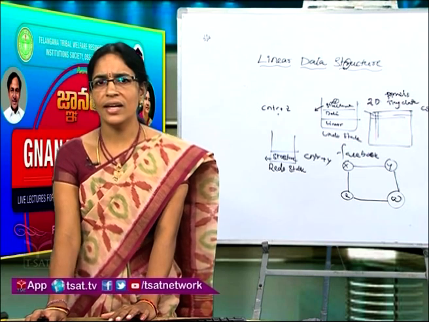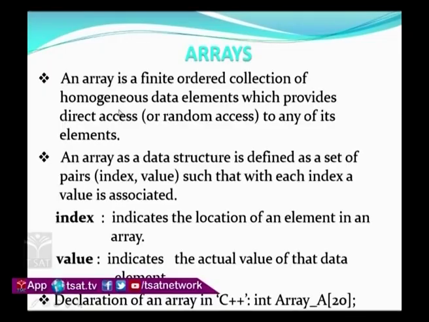An array is a finite ordered collection of homogeneous data elements, which provides direct access to any of its elements. That means random access is possible here by using an index.